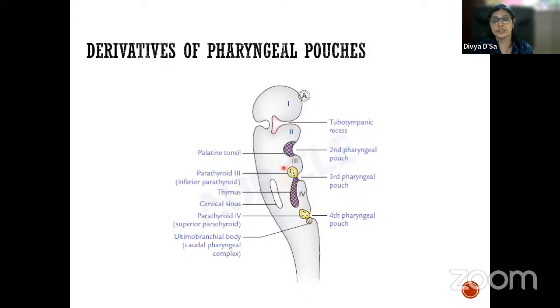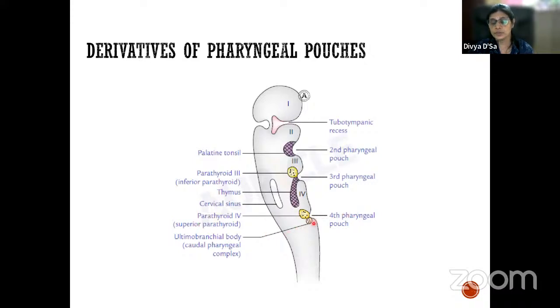So we see the parathyroid 3 inferiorly, whereas the parathyroid 4, in relation to the fourth pouch, is otherwise called the superior parathyroid. Since it is in that position only, it gets incorporated into the upper part. So that is why it is superior.